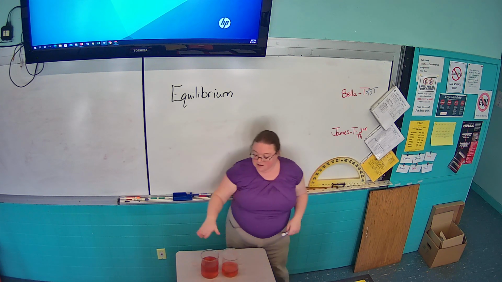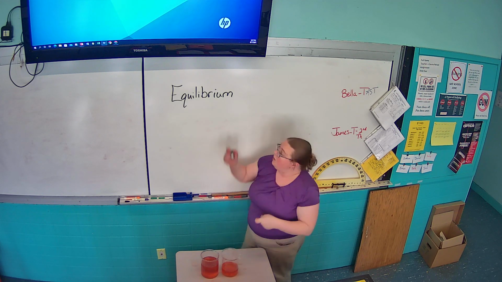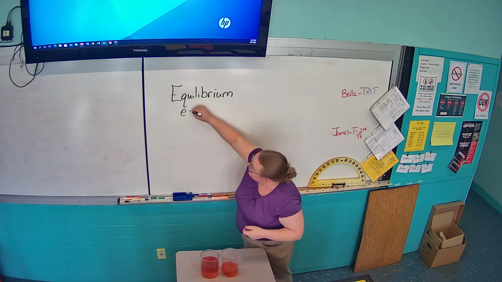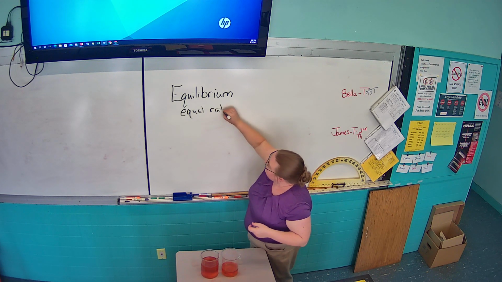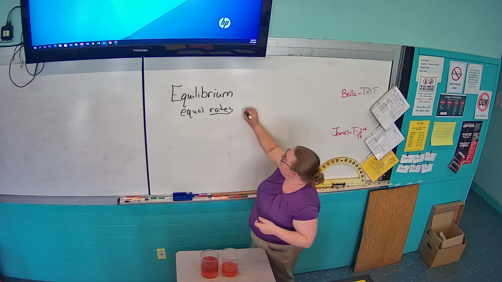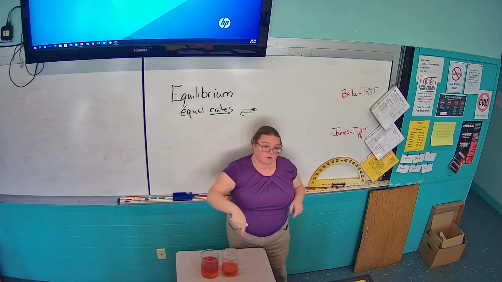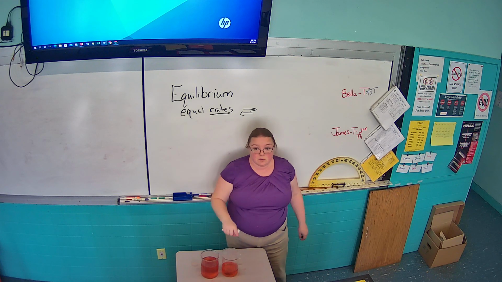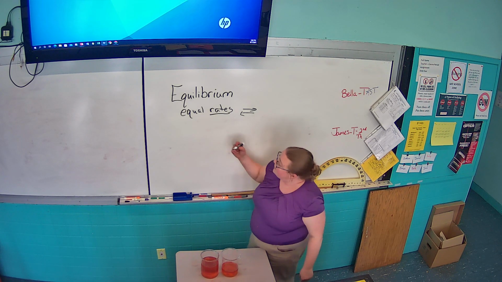Notice that at equilibrium, I do not have equal amounts of reactants and products. What I have is equal rates for the forward and the reverse reaction. The rate at which reactants are turning into products is equal to the rate at which products are turning into reactants.